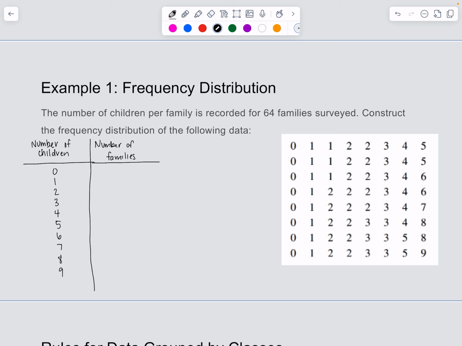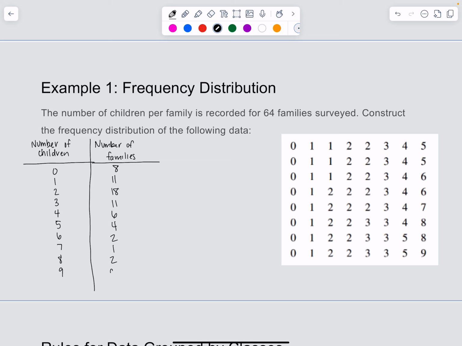So how many times did we see 0 children? 1, 2, 3, 4, 5, 6, 7, 8. How many times did we see 1? 8, 9, 10, 11. How many times did we see 2? 18. 3 is 11 again. 4 is 6 times. 5 happened 4 times. 6 happened 2 times. 7 happened 1 time. 8 happened 2 times.